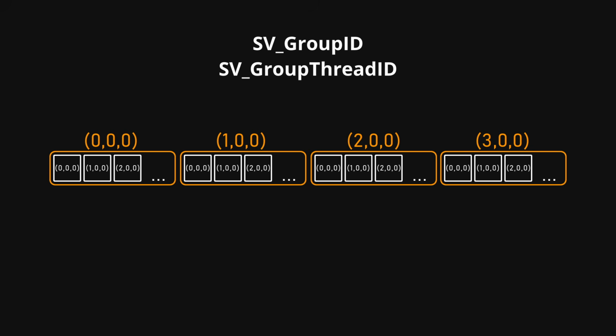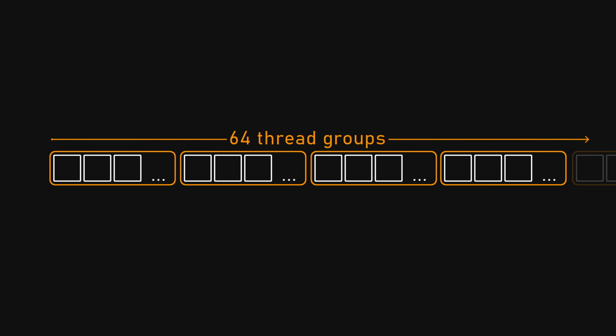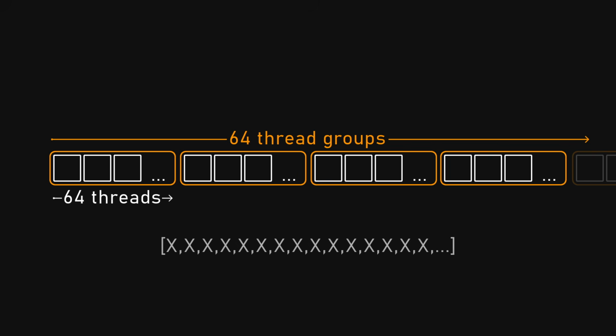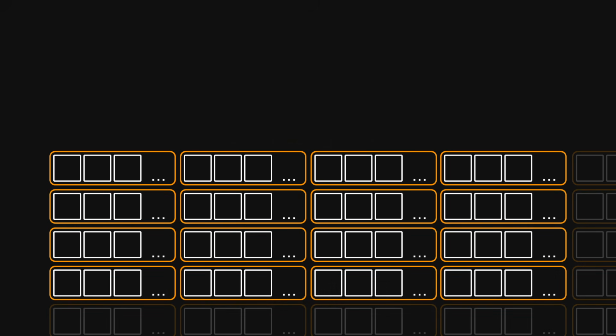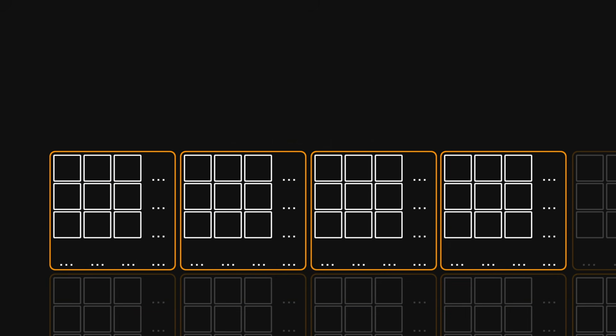For example, you're free to dispatch 64 thread groups along a single dimension and do the same with threads. This may work well when your compute shader is iterating over a, say, one-dimensional array, right? In our case, we want to quote-unquote generate a 2D texture, so it makes sense to dispatch thread groups in X and Y, with each group launching threads in X and Y as well.